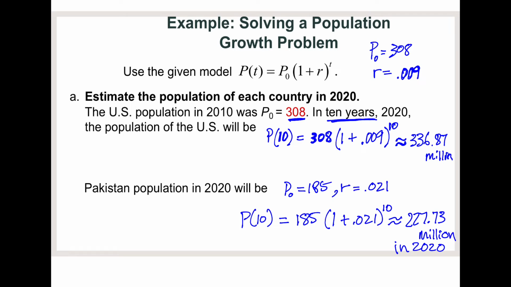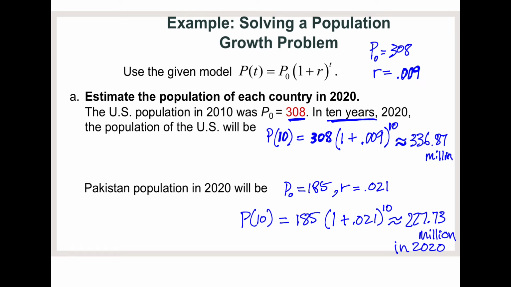We see that they are getting closer to each other in value, because Pakistan is growing more than twice as quick as the U.S. So now we're only about 100 million different from each other, approximately about 110 million or so, where before it was like 50 million or so. So they're getting closer.